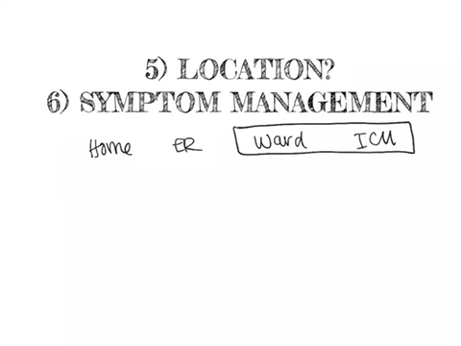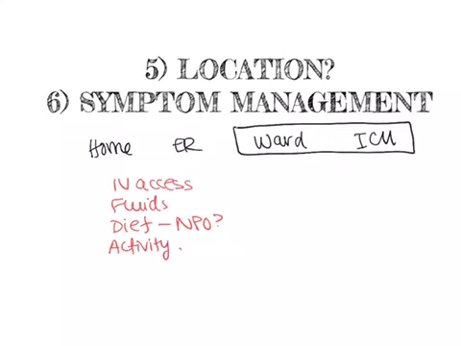In particular, you want to decide if you need any sort of IV access if you don't already have it, fluids, you want to decide what sort of diet. Do they need to be NPO, for instance, if you're thinking they might need a surgical procedure? What sort of activity level should they be? Do they need to be on bed rest, for instance? Or head of bed elevated?